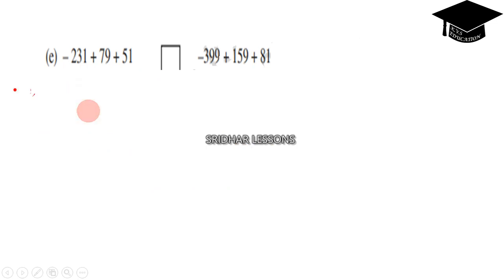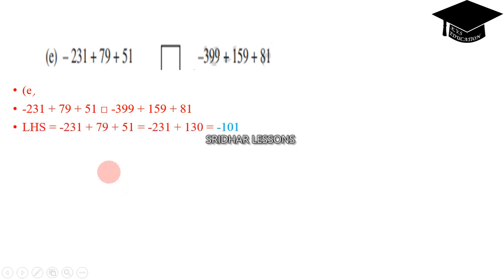Question E. Minus 231 plus 79 plus 51, blank, minus 399 plus 159 plus 81. Here LHS is equal to minus 231 plus 79 plus 51. That means taking all the positive values one side, adding them, minus 231 plus 130, this is equal to minus 101.